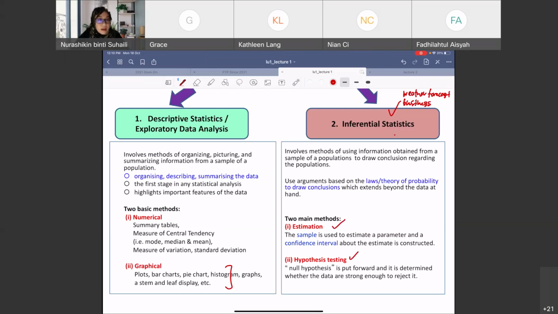Let's say how much is the probability of winning the game, for example, based on the previous records. Let's say team A has won 6 out of 10 games against team B. So maybe the probability is about 60%, something like that.